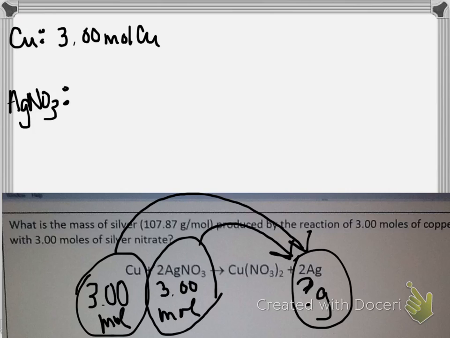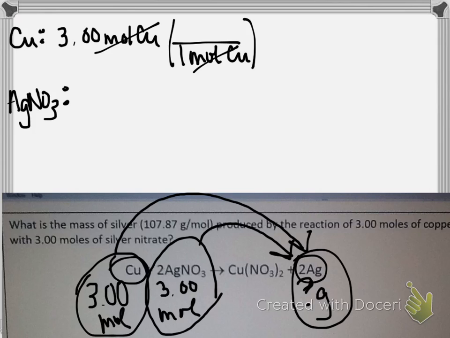to grams of silver. Can I go straight from moles of copper to grams of silver? No, what must I always go through? The mole. So first I'm going to convert moles of copper to moles of silver. Notice that for every 1 mole of copper, which I'm going to put in the denominator to cancel out my copper, we make 2 moles of silver.